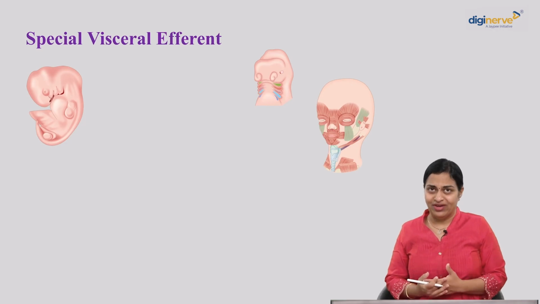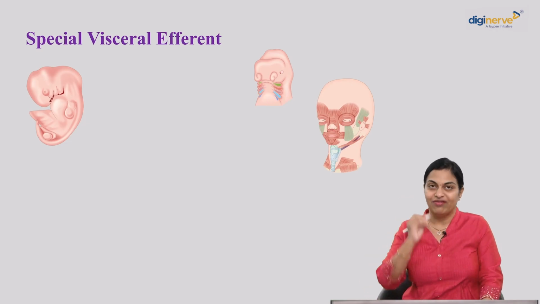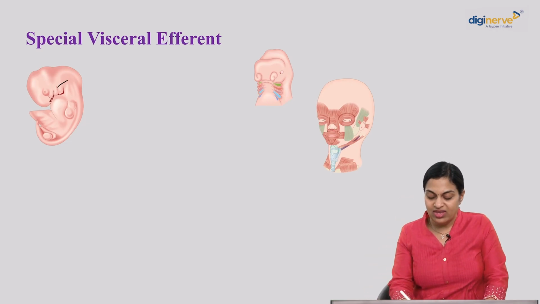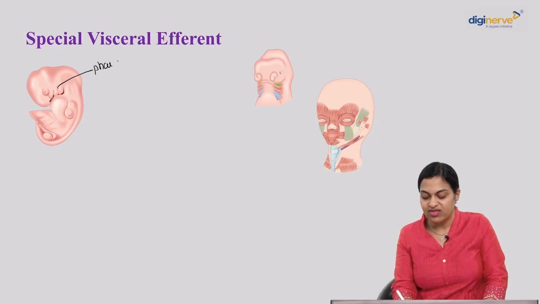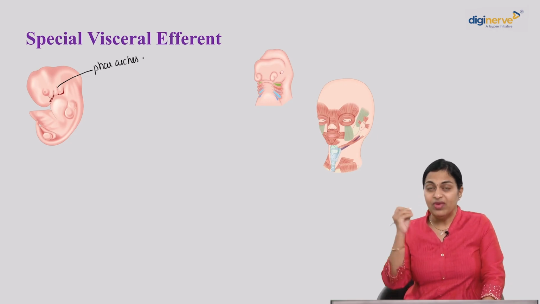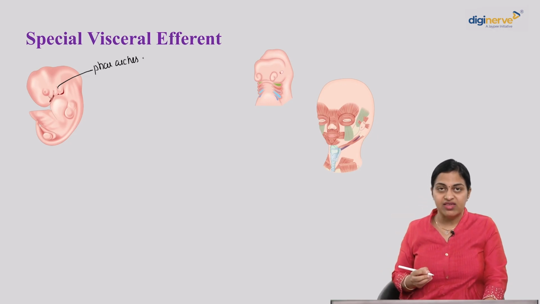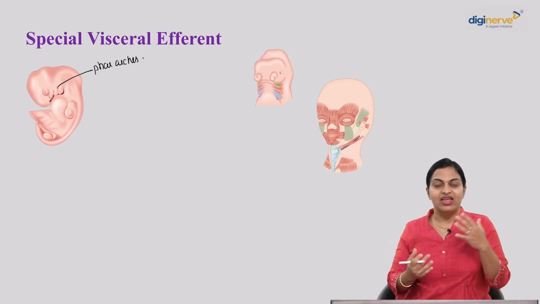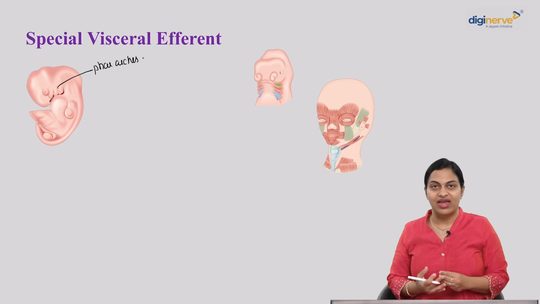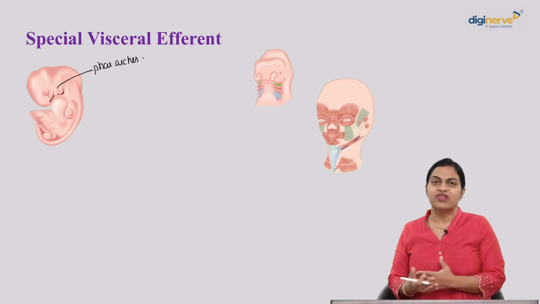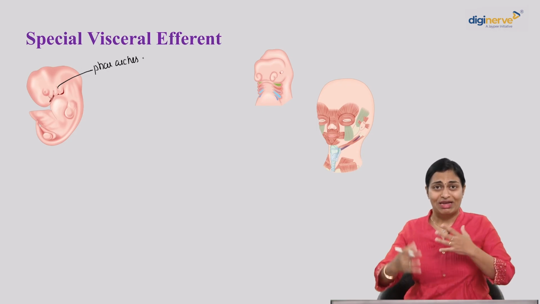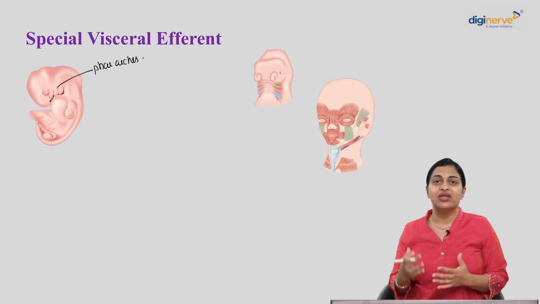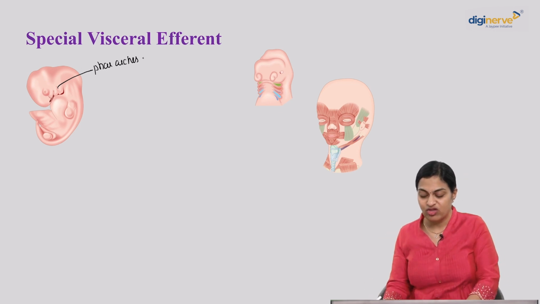Special visceral efferent. Special visceral efferent means, okay, these are the pharyngeal arches. The mesoderm of the pharyngeal arches will give rise to the muscles of head and neck. And each pharyngeal arch will have a cranial nerve. So the special visceral efferent refers to those cranial nerves which are going to innervate the muscles derived from the pharyngeal arches.